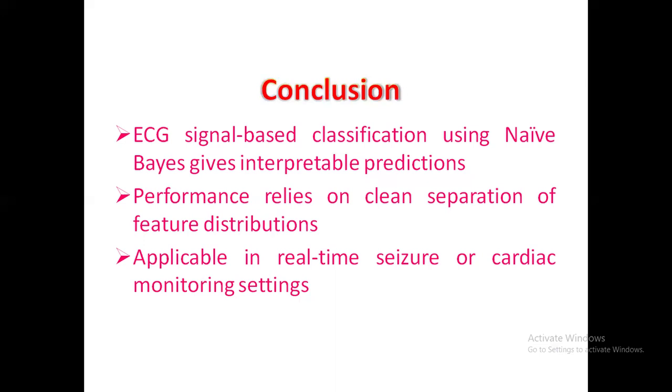When integrated with ECG sensors, it can assist in early detection of abnormal heart activity, alerting patients or healthcare providers immediately, which is crucial for timely intervention and improved patient outcomes.